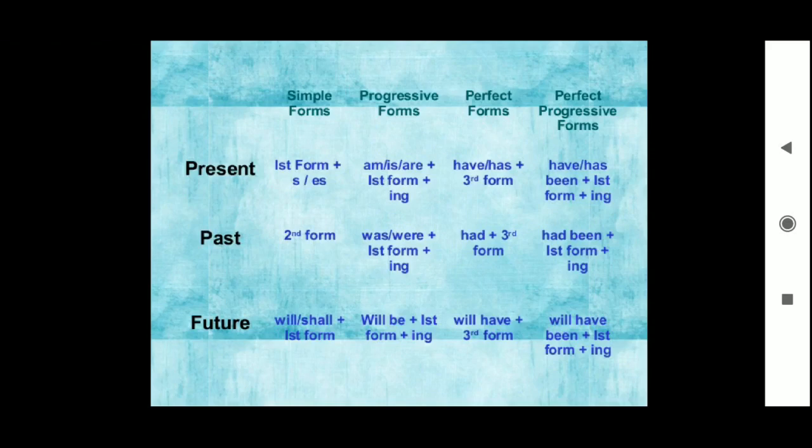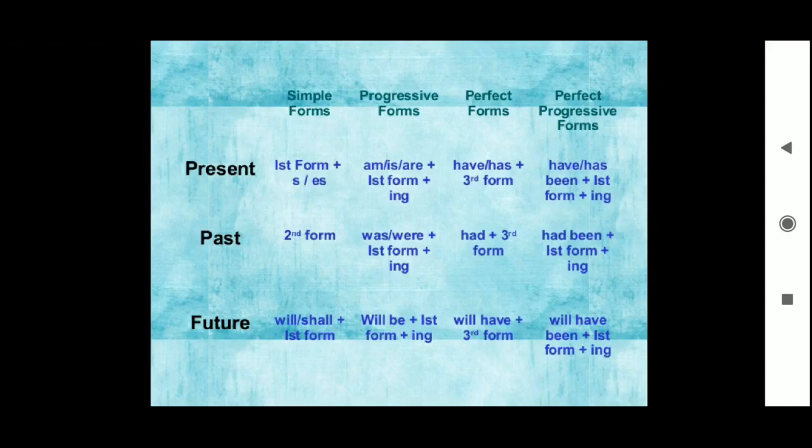In present perfect tense or present perfect forms, we use have or has plus third form of verb. In present perfect continuous or progressive forms, we use have or has been plus first form plus ing form of the verb.